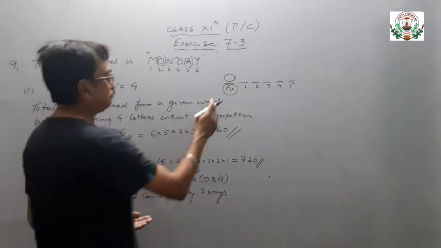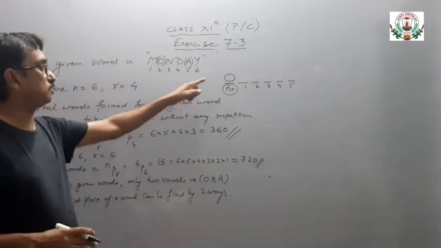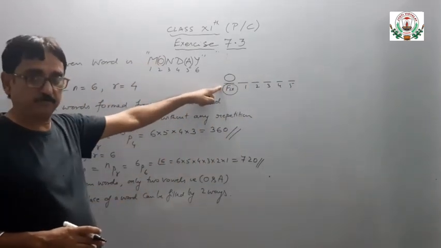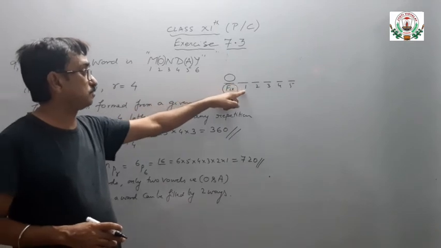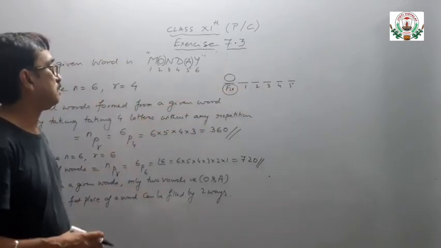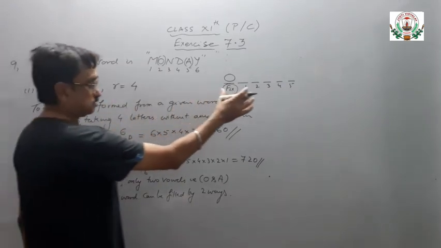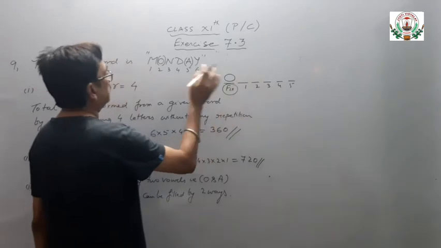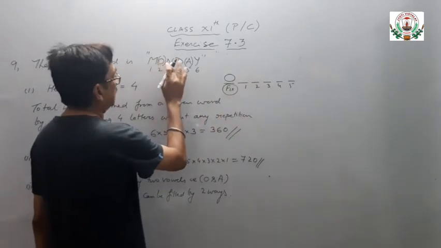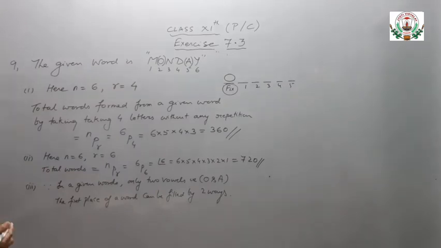Now out of the 6 places, this one is already fixed for a vowel. Now the remaining unfilled places are 5. So the 5 places can be filled using the rest of the 5 alphabets in factorial 5 ways.